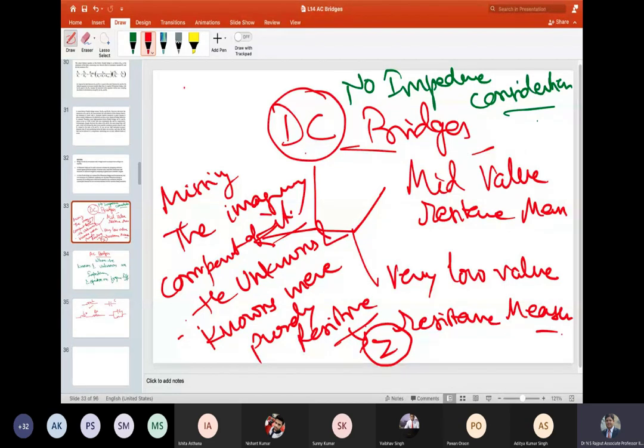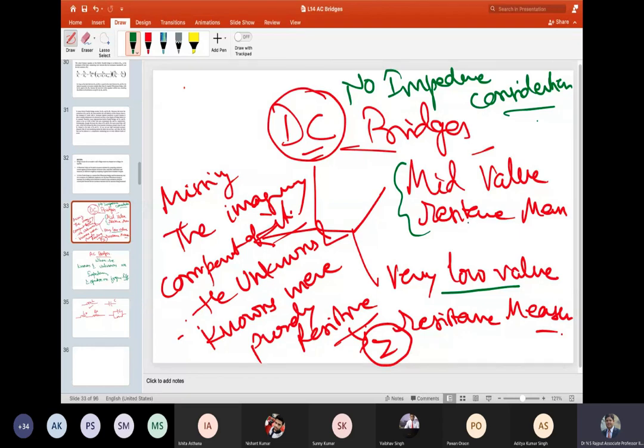So far we had been talking about DC bridges because DC bridges were good enough to help us measure mid-value resistances, or in fact we had Kelvin's double bridge which helped us measure even low value resistances. The difficulty was that these known and unknown values were purely resistive, right?